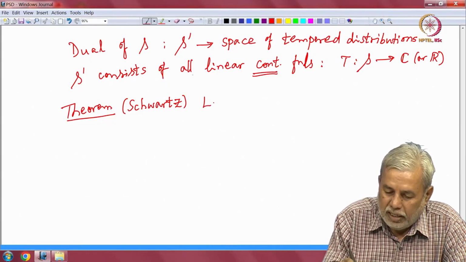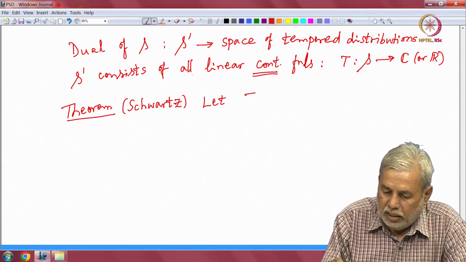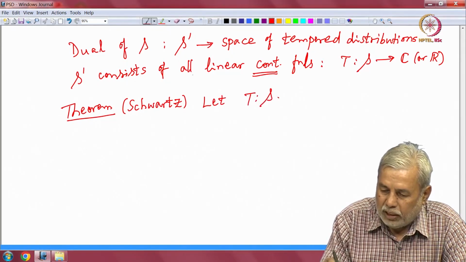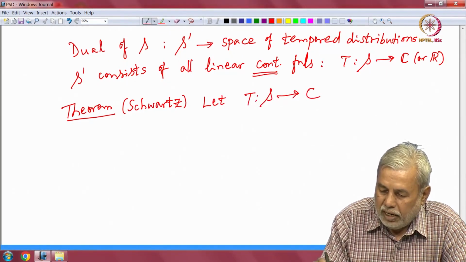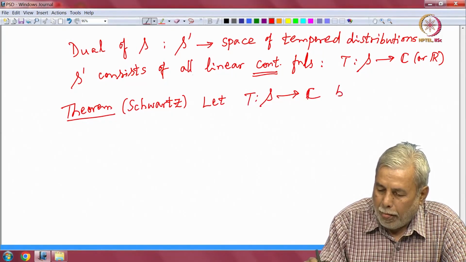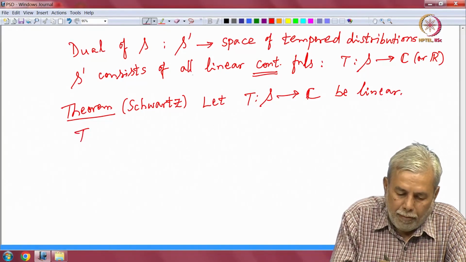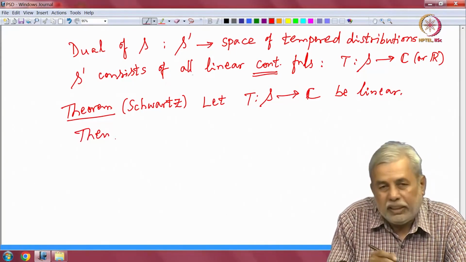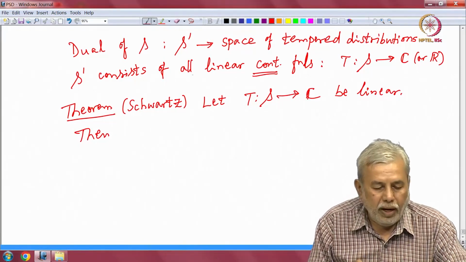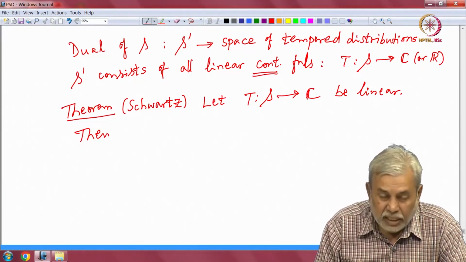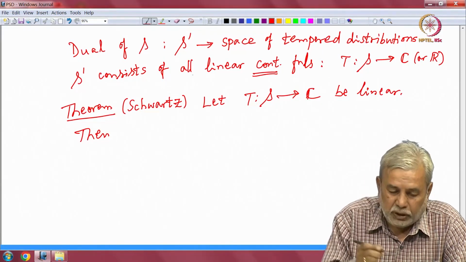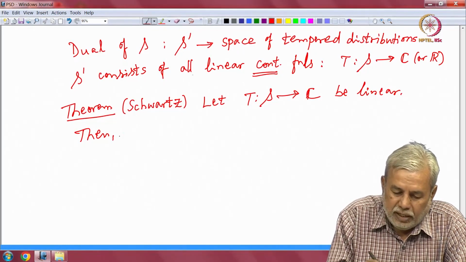So let T from S to C be linear. This is much similar to the case of a distribution, which you have already seen.